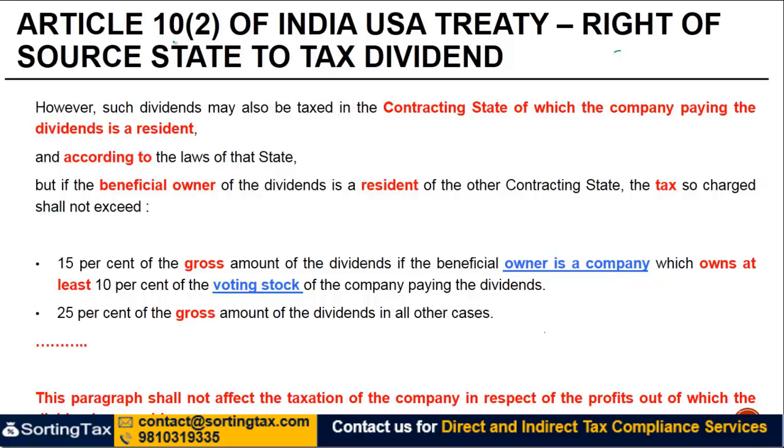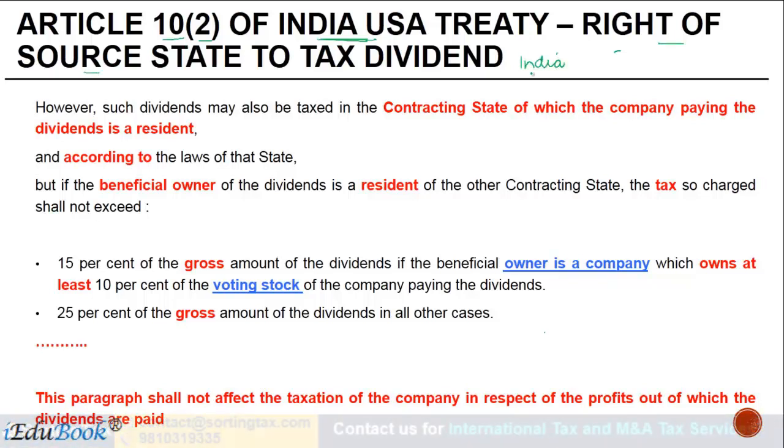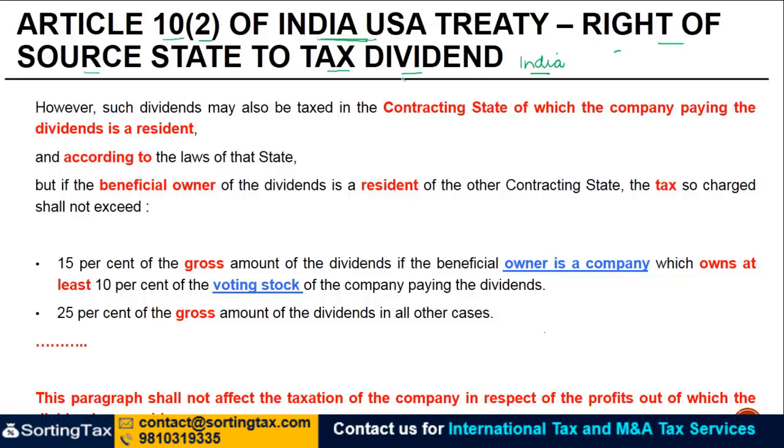Let us now look at Article 10, Paragraph 2 of the India-USA Treaty. And this deals with the right of the source state, in our example, India, to tax dividend.